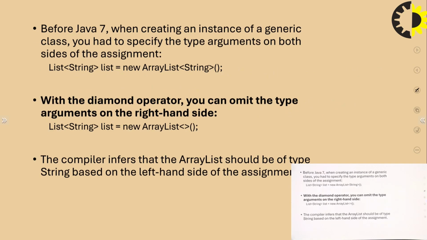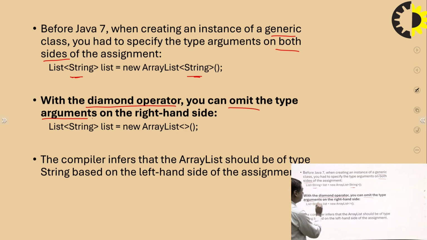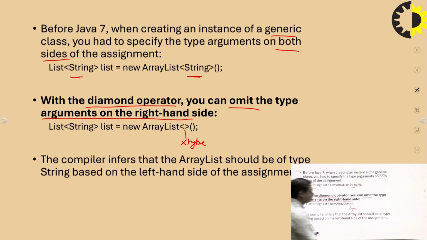Let's see it. Before Java 7, when creating an instance of a generic class, you needed to specify the type here and also here, on both sides of the assignment. With the help of the diamond operator, you can omit the type argument on the right side. No need to specify the type there, just specify the type on the left side.